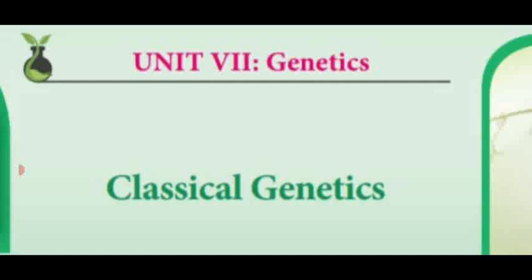So the dominance partially takes place in this F1 generation. That type of intragenic interaction is named incomplete dominance. The ratio of incomplete dominance is 1:2:1. Dear students, up to this we have seen in the previous video class.